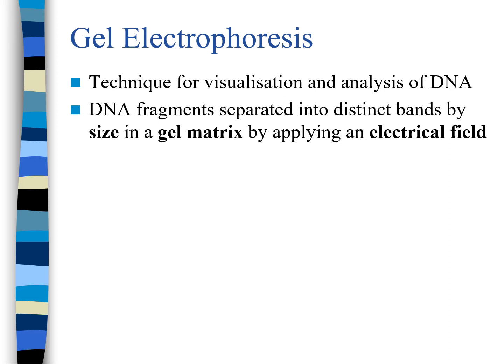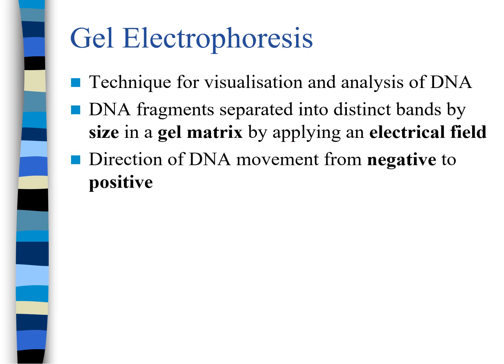Then the DNA fragments are separated into distinct bands by size, by how many complementary base pairs they have, in a gel matrix by applying an electrical field. The direction of movement is from negative to positive.